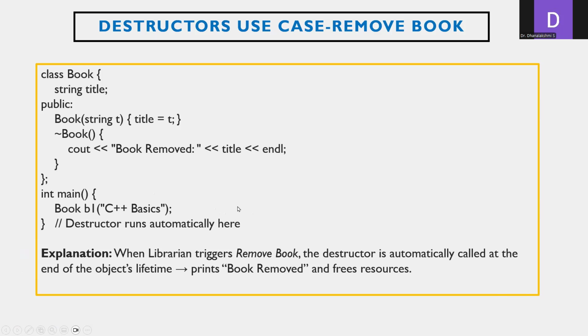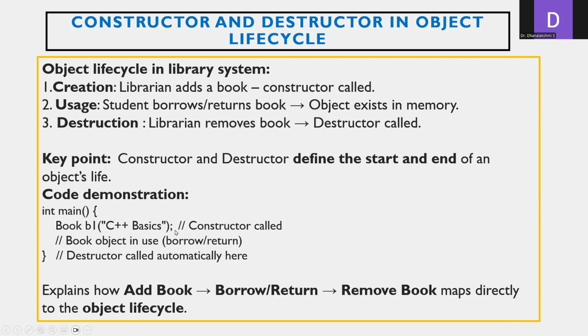This shows that the object has been properly destroyed and the memory is being released. So when the librarian triggers remove book, the destructor is automatically called at the end of the object's lifetime, prints book is removed, and frees the resources. That's what is happening in the constructor and the destructor.